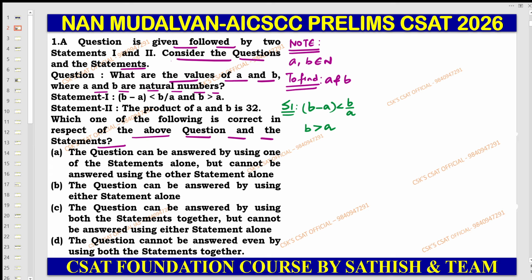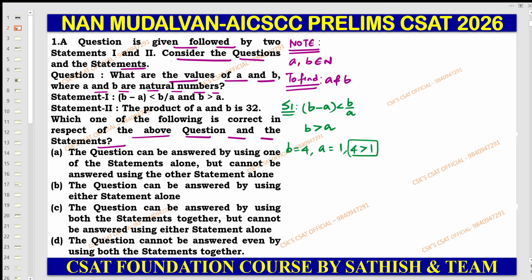In a data sufficiency question, you have to get exactly one solution, right? If it gives multiple solutions, that statement is not sufficient. Suppose you take b equal to 4, a equal to 1. It satisfies the condition that b is greater than a, so 4 is greater than 1.